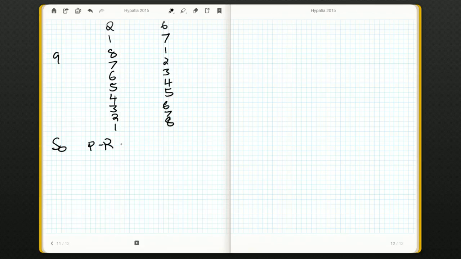So if we take a look at our chart, we can have P minus R is 1, 2, 3, all the way up to 8. So there's going to be exactly 8 choices. Only the numbers 1 through 8 appear in this chart. Now, it just so happens they all appear when P is 9, but they've appeared in other places along the chart as well.